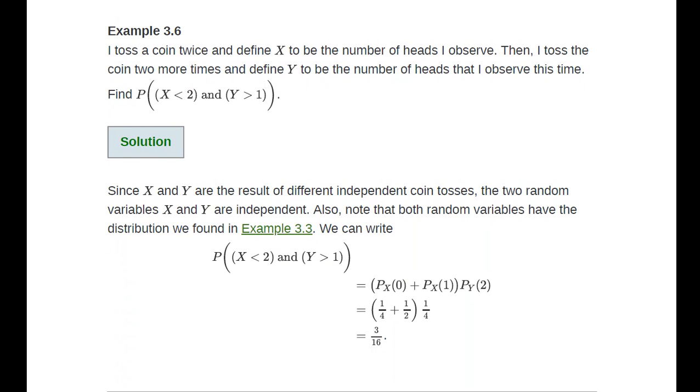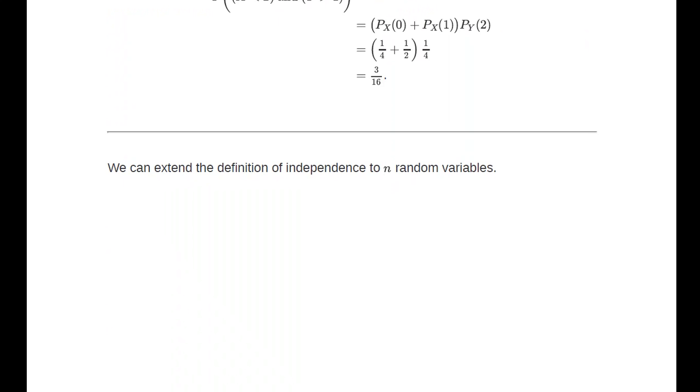We can write probability of X less than 2 and Y greater than 1, which is equal to probability of X equal 0 plus probability of X equal 1 times the probability of Y equal 2, which is equal to 1 over 4 plus 1 over 2 times 1 over 4, which is equal to 3 over 16.